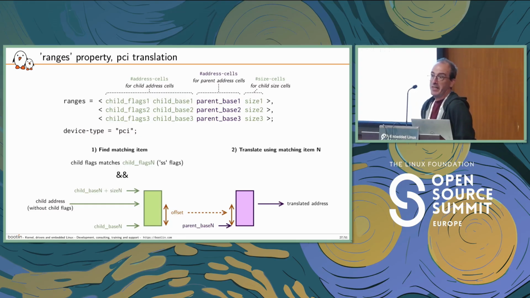The first one, the flags need to match, and as previously, the address has to be in the range value item. If it matches, as before, we compute the offset and apply it on top of the parent base in order to have the translated address.